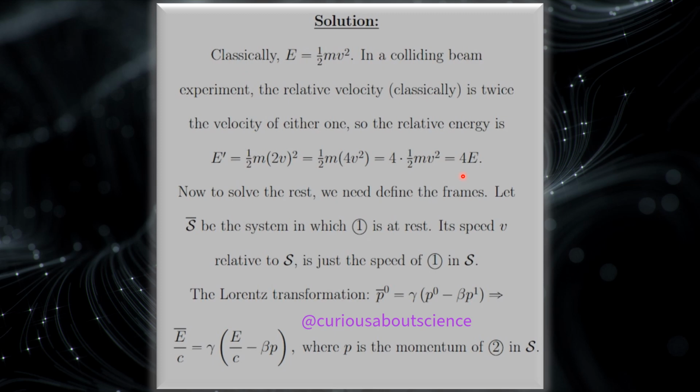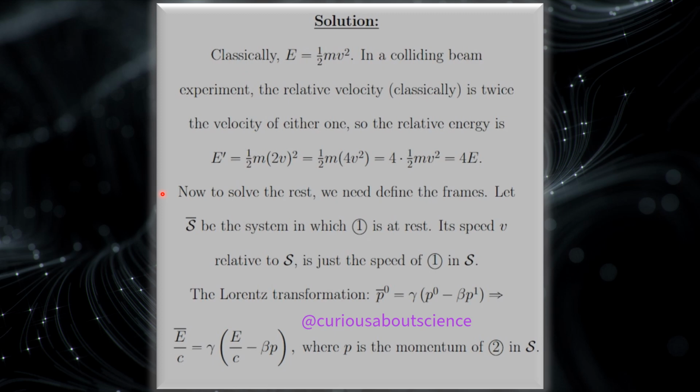However, now we have to incorporate the relativistic regimes for the energies and speeds that these particles travel at. So now, to solve the rest, we need to define the frames. Of course, with everything that we do in relativity, our frame definition is the most important.